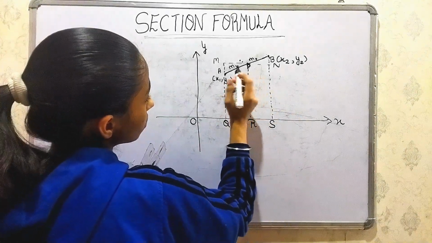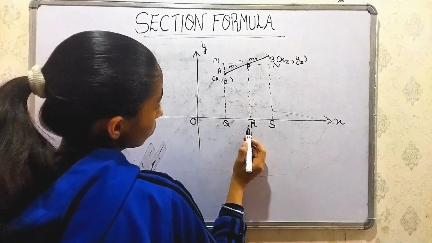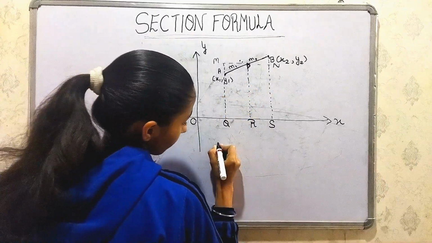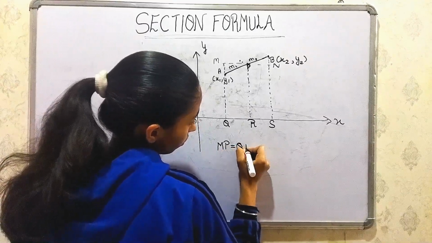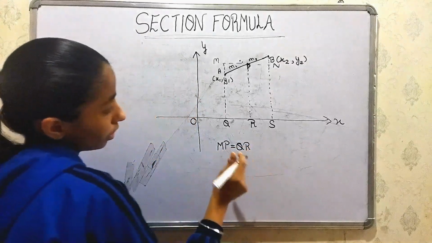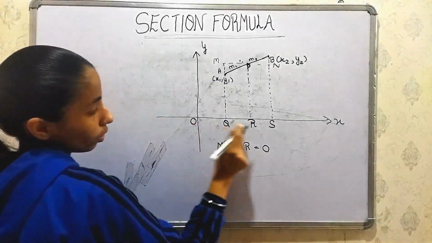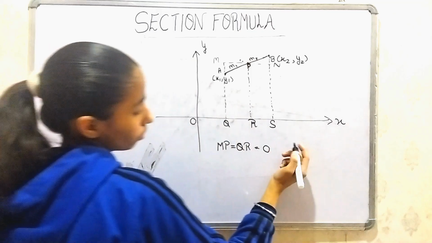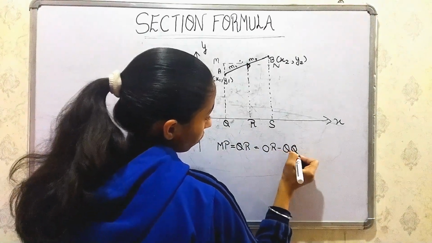Now here we can see that MP is equal to QR. So here QR is what? OR minus OQ.